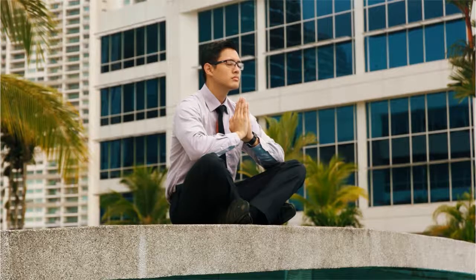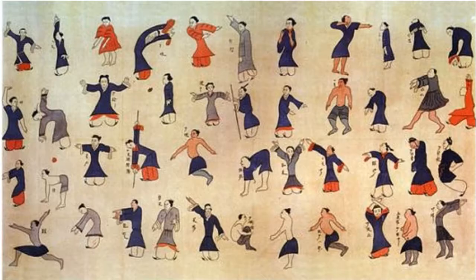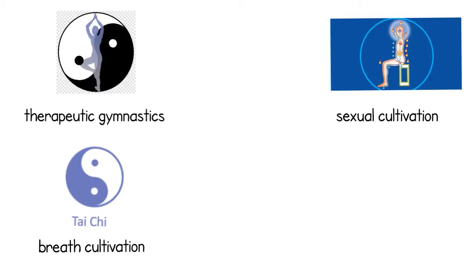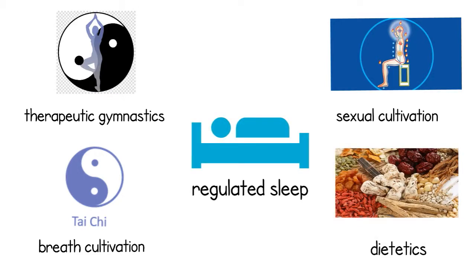Another interpretation is that it represents a view of the body related to the common self-cultivation techniques, or 养生, meaning nurturing. The Mawangdui and Zhangjiashan medical manuscripts included breath cultivation, sexual cultivation, therapeutic gymnastics, regulated sleep, and dietetics.